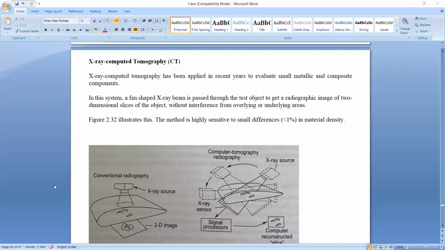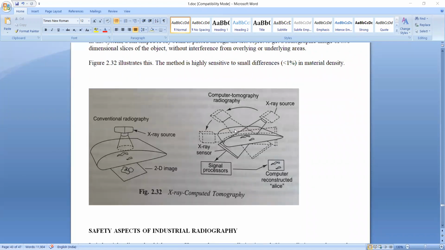In this system we are using a fan shaped X-ray beam. This is the object. Suppose this is an aerofoil shape, and we are testing this aerofoil shape using radiography. Here the X-ray source is like a fan, and the X-ray beam is rotating.